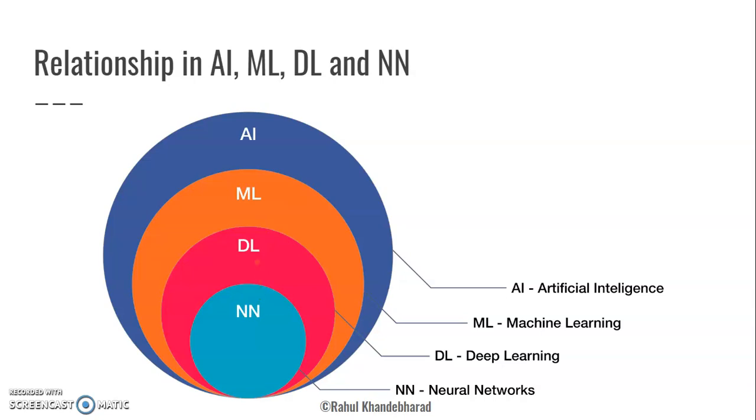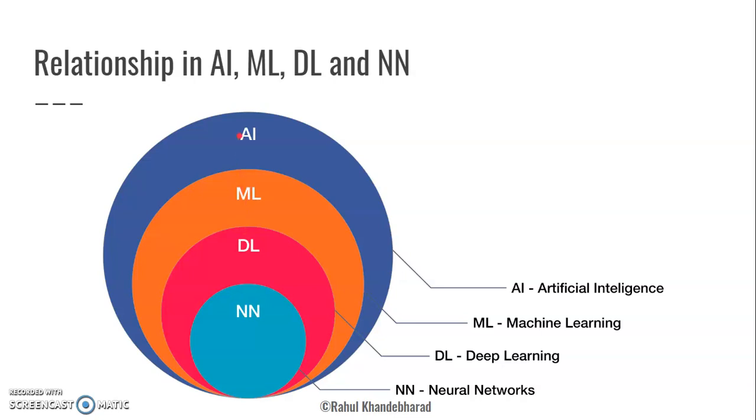Similarly, you can say that deep learning is a superset of neural networks, machine learning is a superset of deep learning, and artificial intelligence is a superset of machine learning. So this is how you can go from up to down and down to up. As time is moving on, all these technologies are evolving.